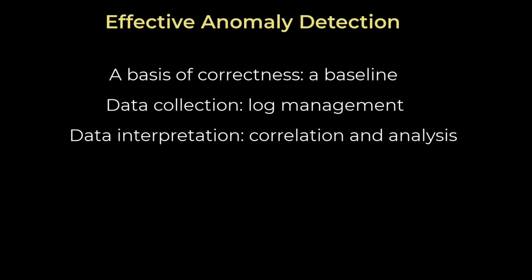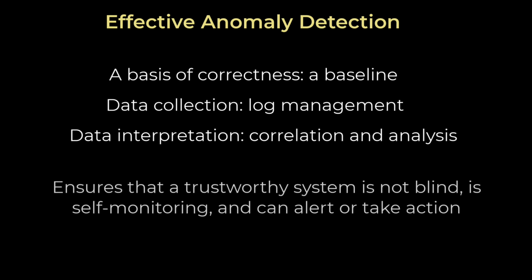In practice, anomaly detection can range from simple threshold alarms, such as CPU usage exceeding 90% for an extended period, to sophisticated machine learning models that flag unusual system calls. The principle ensures that a trustworthy system is not blind. It is self-monitoring and can alert or take action when something unusual occurs.